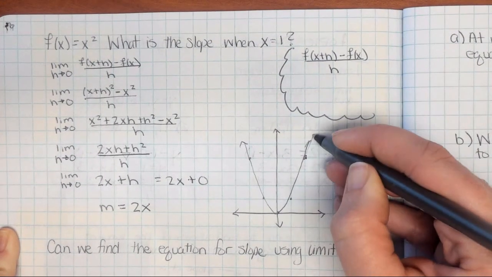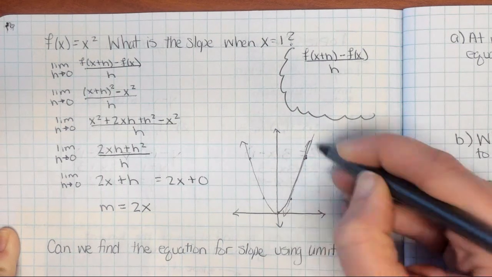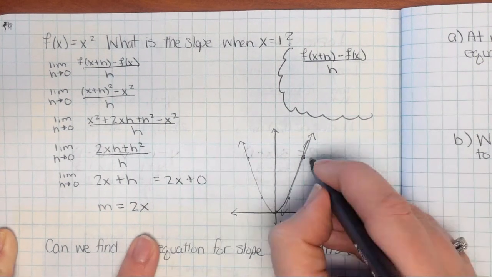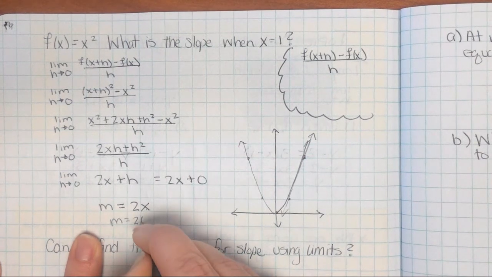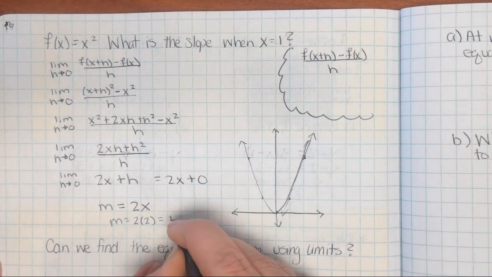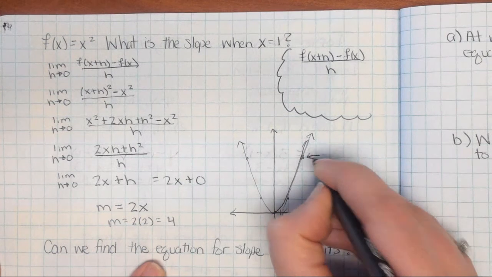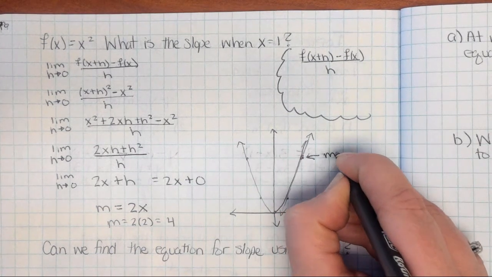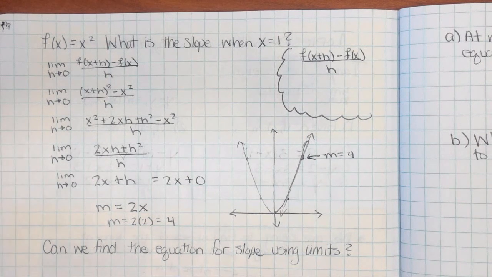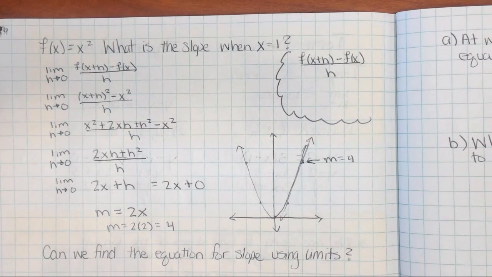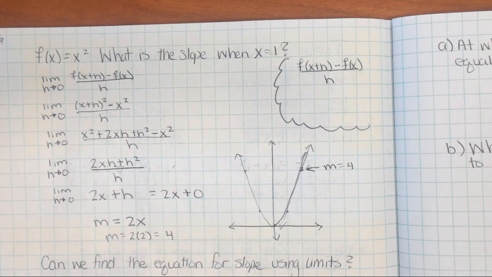All I would need to do is plug in 2 here. So m would be equal to 2 times 2, which means the slope is 4. So at this given point, I know the slope of that tangent line that I just created is equal to 4.